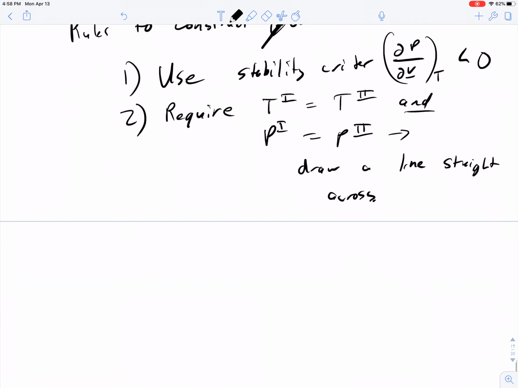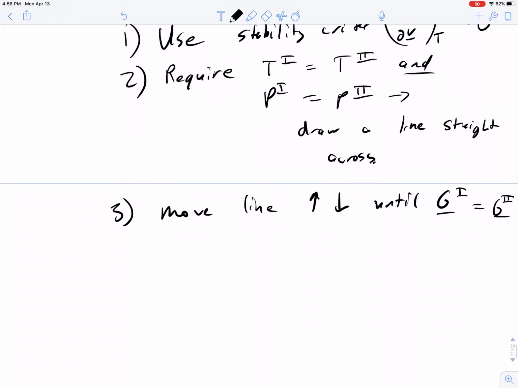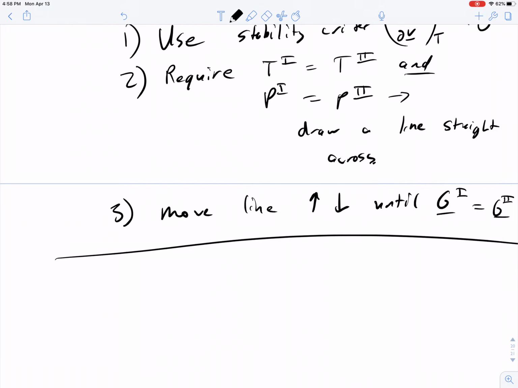This finds the coexistence line. 3, move the line up and down until your calculation for the per molar Gibbs free energies are equal. Conceptually, this is the process.